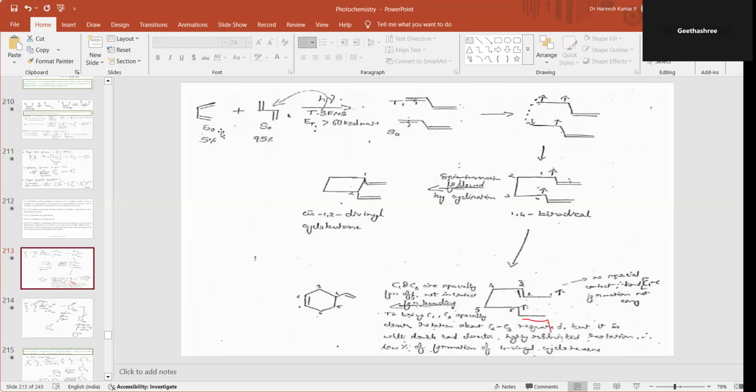Look here, butadiene cis one I am taking 5% and trans one 95%. Why? Because here steric hindrance is there, so that's the reason it is unstable. Here there is no steric hindrance and it is the stable one. And this is irradiated in presence of triplet sensitizer, forming a dimerized key intermediate.